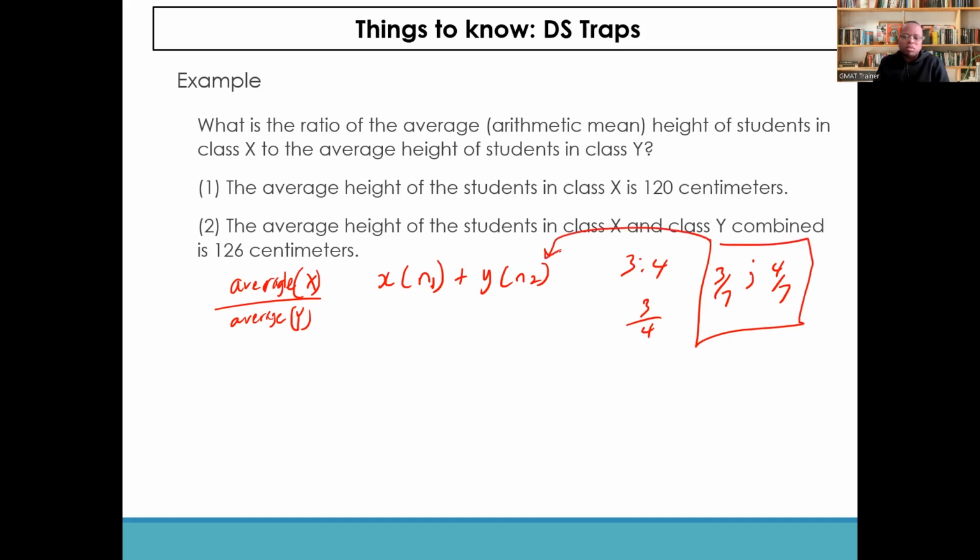So you're looking at X times N1 over the total, and then again, Y times N2 over the total.